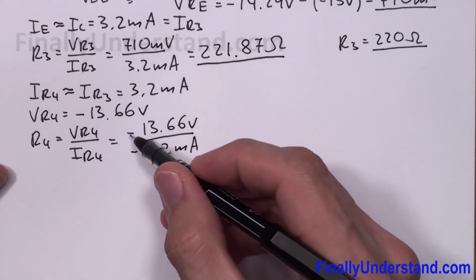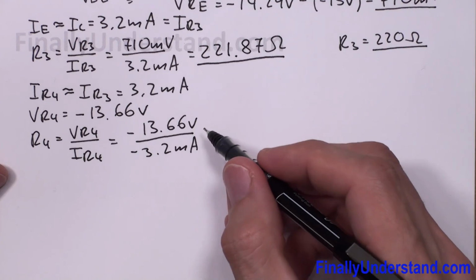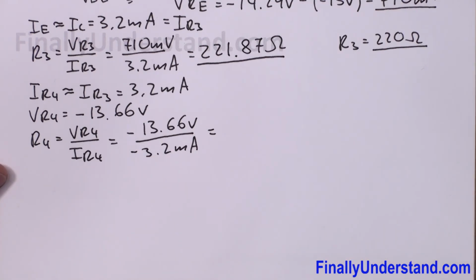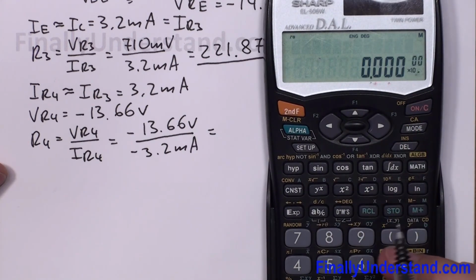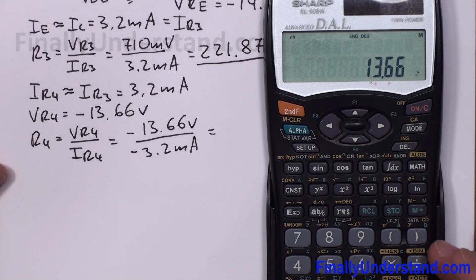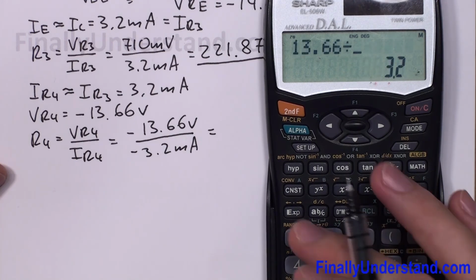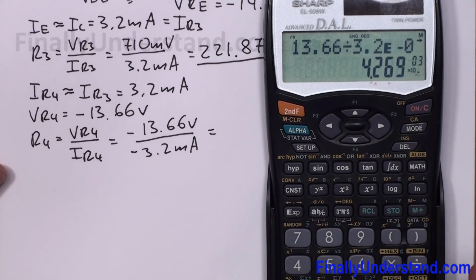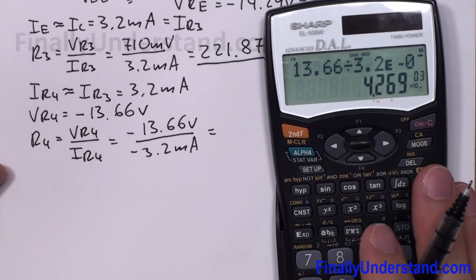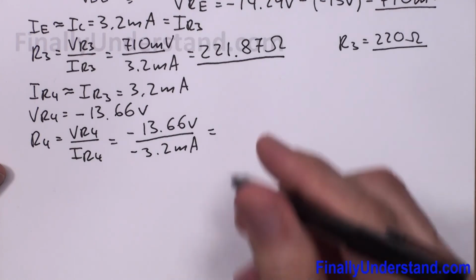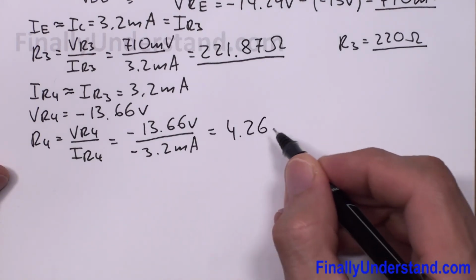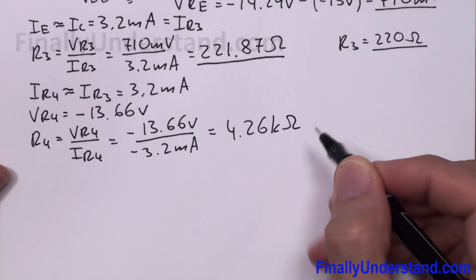So negative and negative will cancel out because resistance cannot be negative, and this is equal to 13.66 divided by 3.2 times 10 to the negative 3, which is 4.26 kilo ohms.